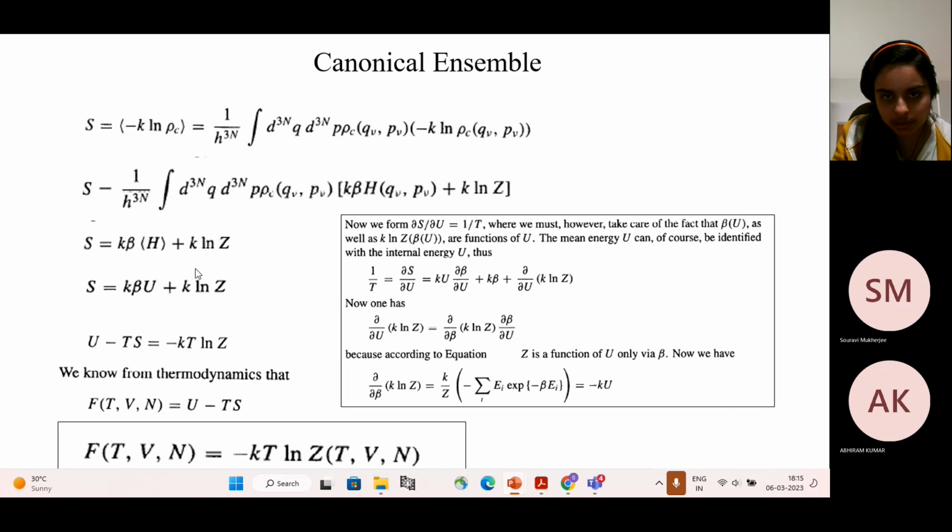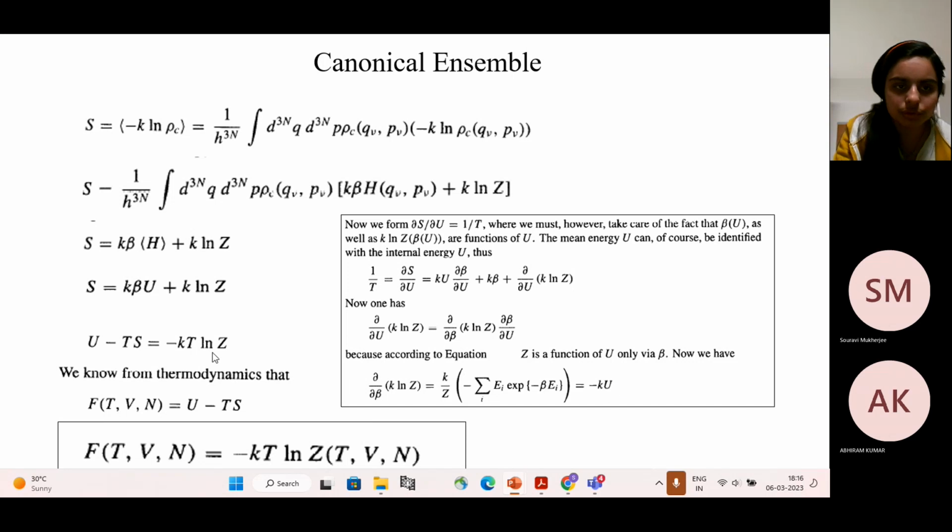But now if we use the expression for S from the expression given here, and then do this derivative, we get something like this. And if you look closely at this last line, one can directly get the average internal energy by doing a derivative with respect to beta of k ln Z. So if you know the partition function, you can directly use this relation to find the internal energy.